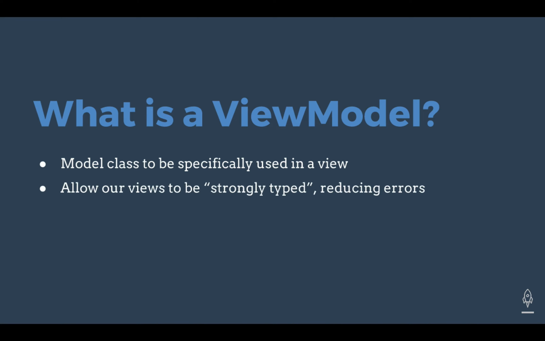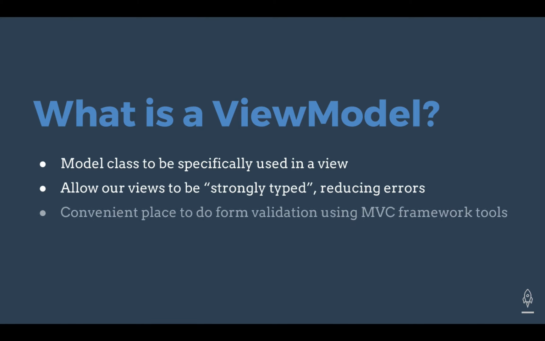They will allow our views to be strongly typed, and this means that when we're working within a view template, if we're using a view model, we will be less likely to make mistakes. We'll have some compile time checking. In other words, the Visual Studio compiler will be able to check things for us, so we're not able to accidentally mistype the name of a property or something like that, which was definitely possible when we were using the view bag or the view data objects.